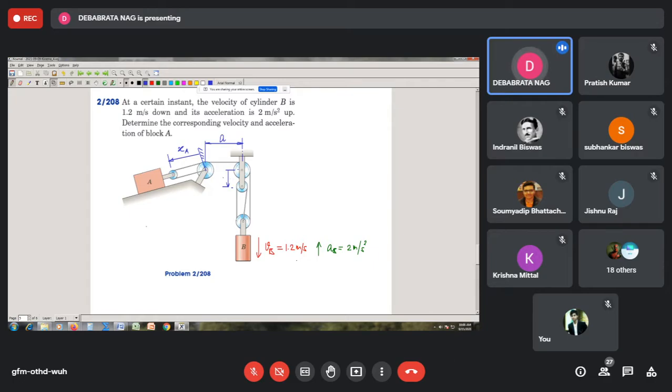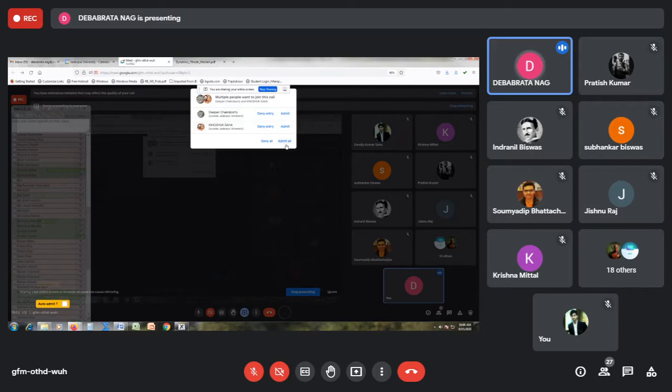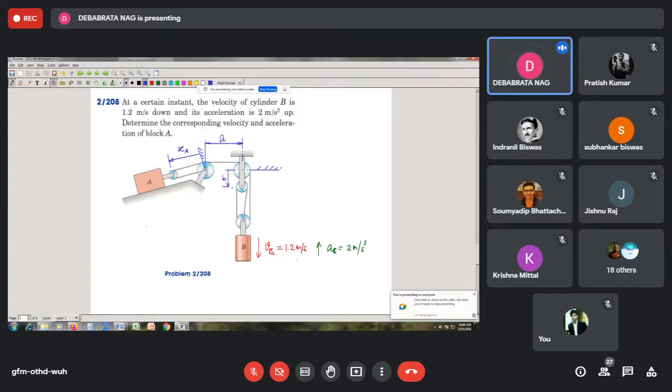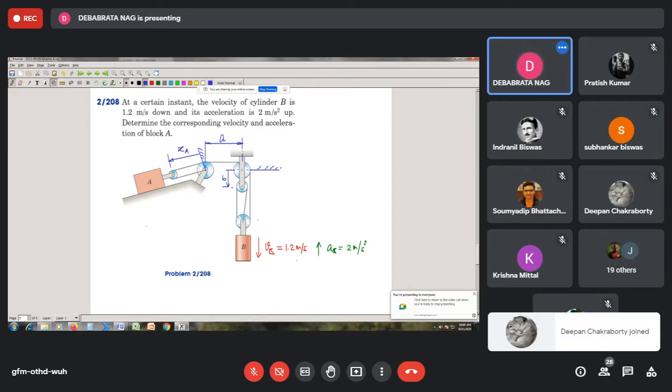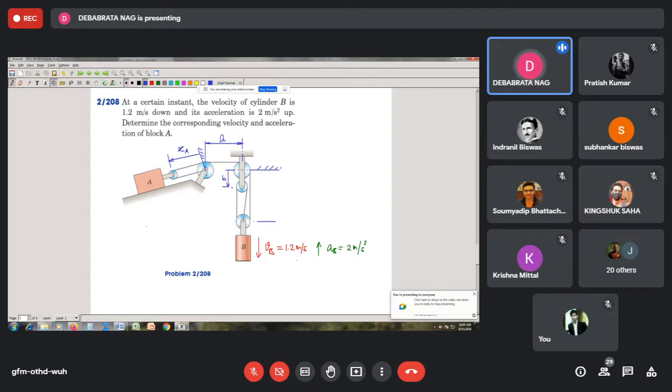So we call this distance B. This is the reference of measurement of this system. And because the velocity of block B is also equal to the velocity of the center point, we call this distance XB.